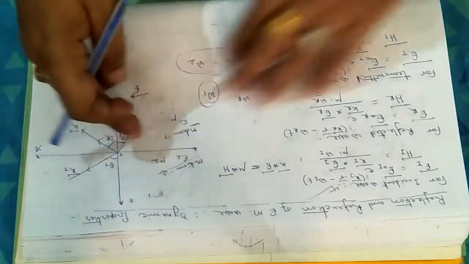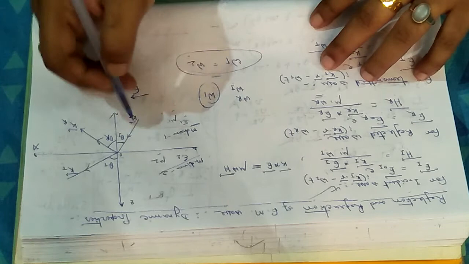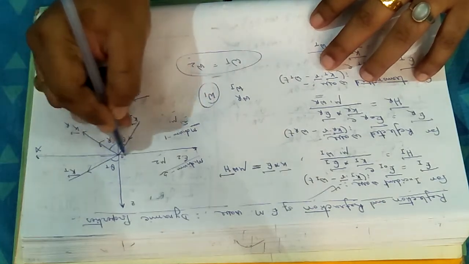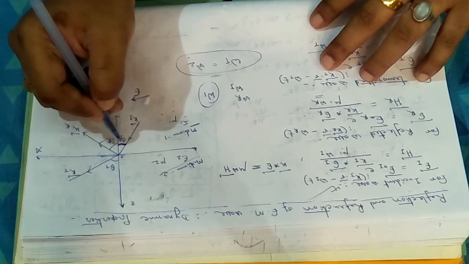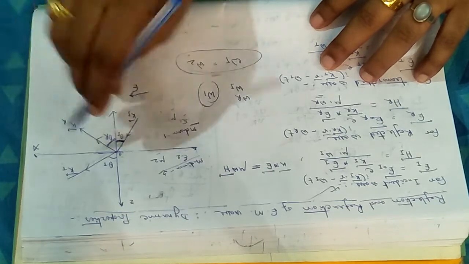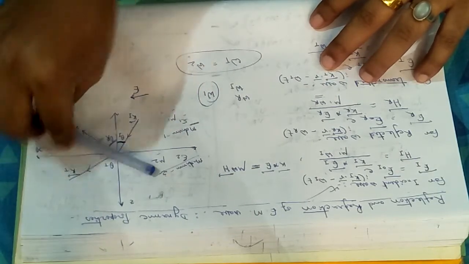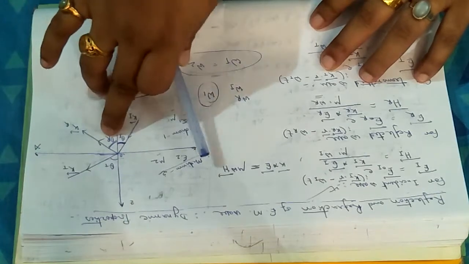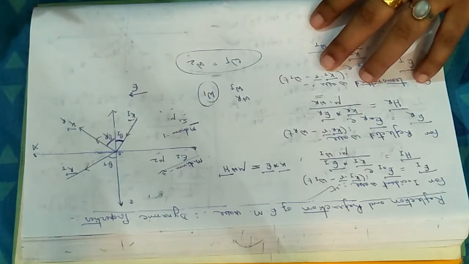So H is on the plane of the paper, and we need the component of H along the surface. This is theta I, so its cos component, but for theta R the cos component will be in a different direction. So I have to convert this direction along the positive x-axis. So theta R will have the negative cos theta, and theta T will have the positive value.